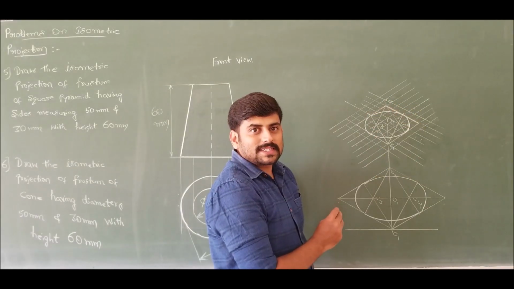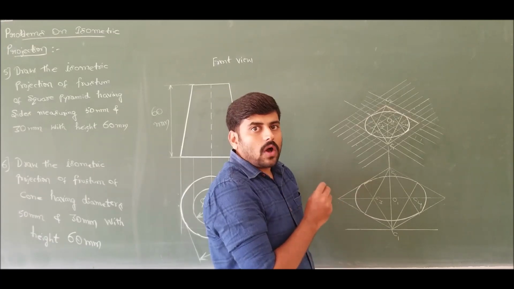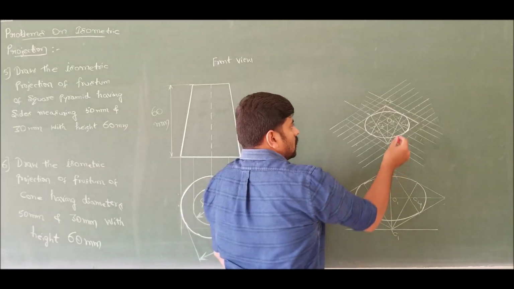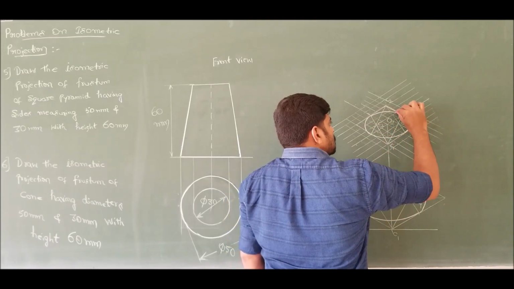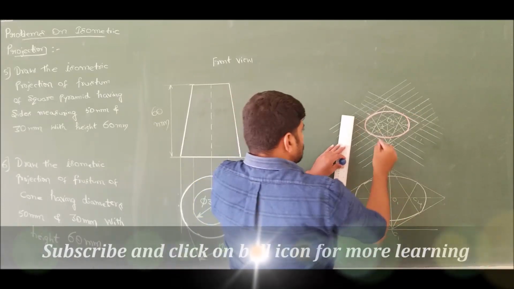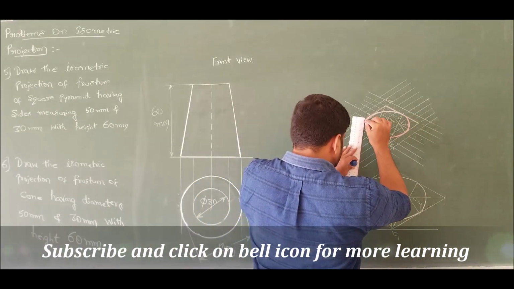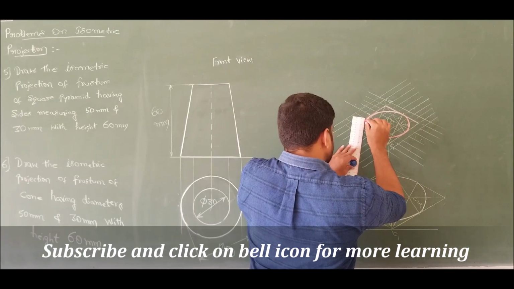Now, through visual inspection, dark the visible arcs or curves. So, top face of this frustum of the cone is completely visible. So, therefore, dark the top face completely and draw a very dark tangent to the bottom circle.